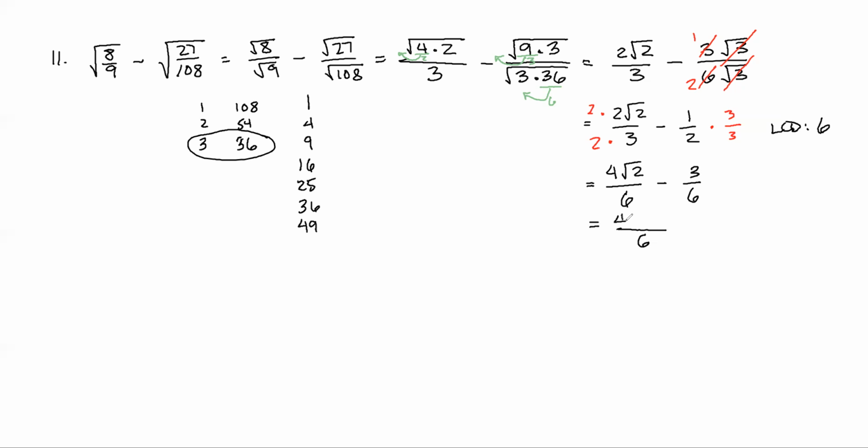We're just going to have 4 square root of 2 minus 3, kind of like what you do when you're subtracting or adding rational expressions and you have an x, except this time we have a square root of 2 that can't be combined with that 3. And now at this point, just to point something out here, we cannot reduce the 4 and the 6 because there's subtraction right here. Think of it kind of like those rational expressions, how these guys are stuck together now.